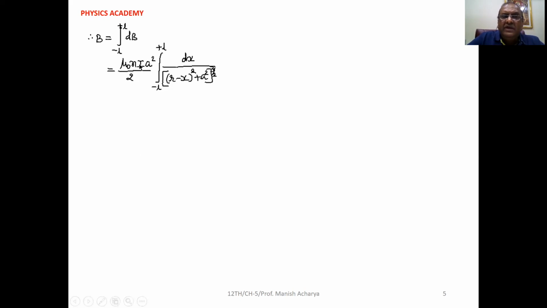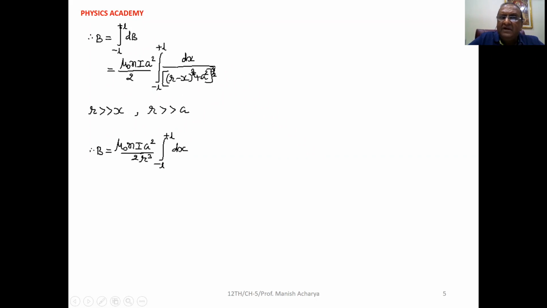Now mu 0 n I a square by 2 is constant, so it is taken outside the integration. So integration from minus L to plus L of dx upon (r minus x) whole square plus a square raised to 3 by 2. Now here, consider r is very much greater than x, as well as r is very much greater than a. So in that case, in this bracket r minus x, you can neglect x.